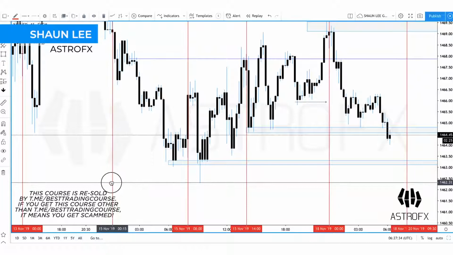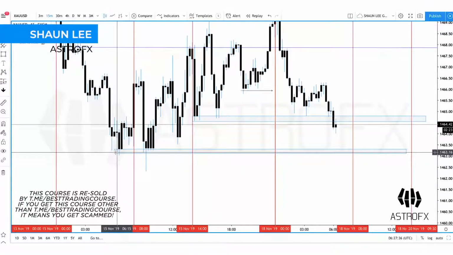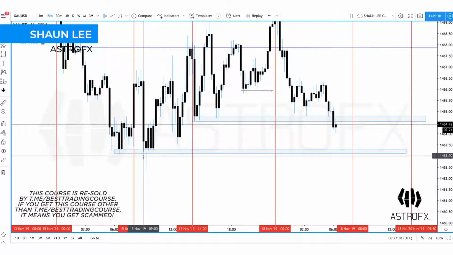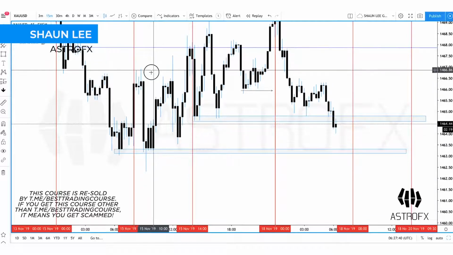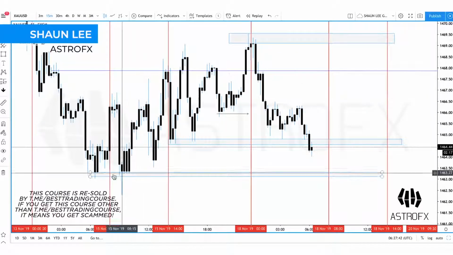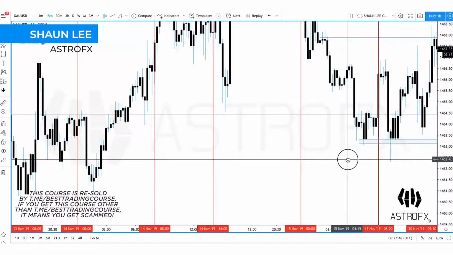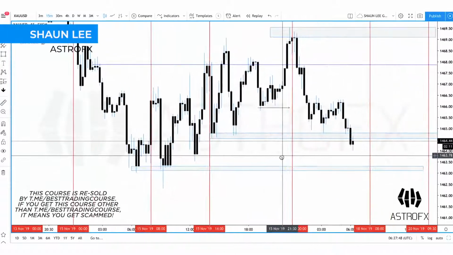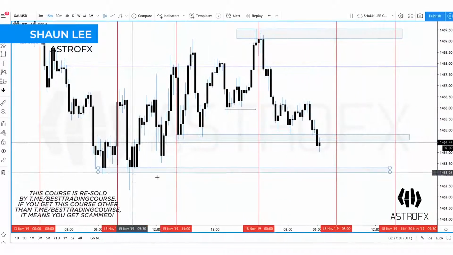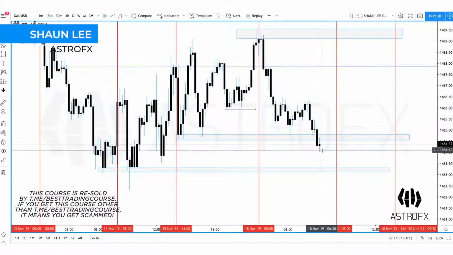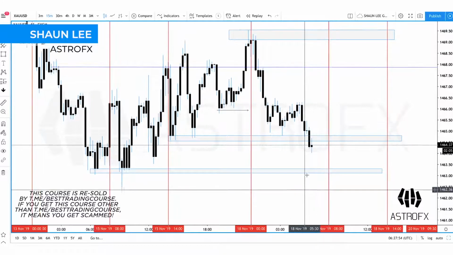Sorry, that should be, okay, so this is the Asian low. Asian low, London then respects the Asian low, pushes price back to the upside. And I've kept this on because this is the low of the week, or one of the lows of the week. But this is a prominent area in which gold could now be pushed into.